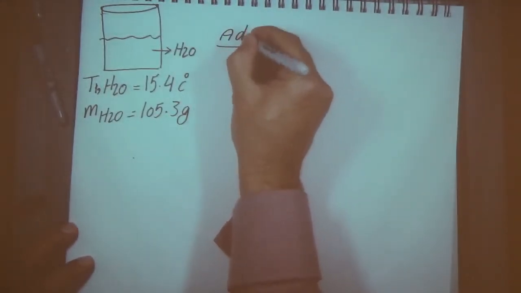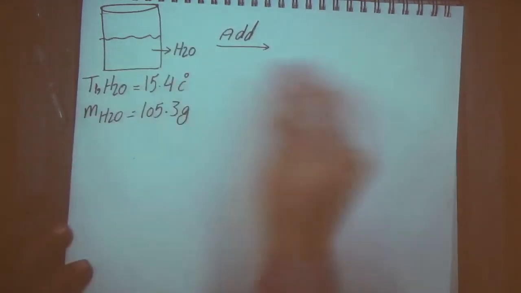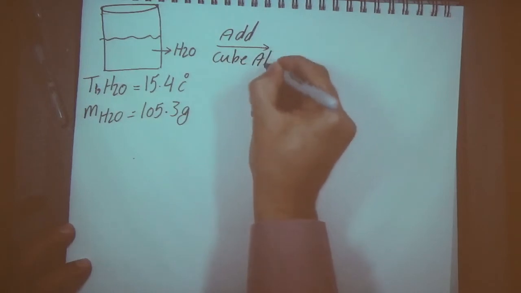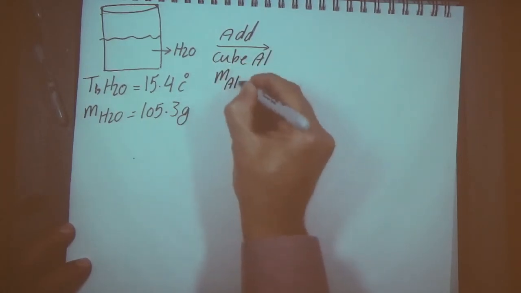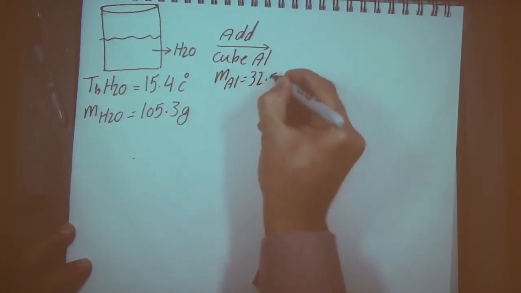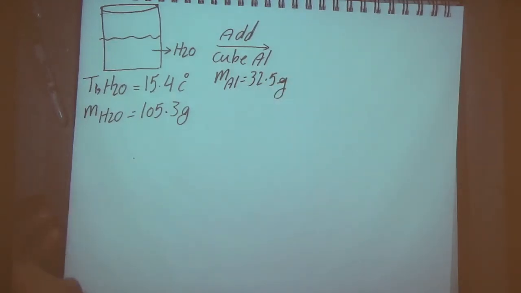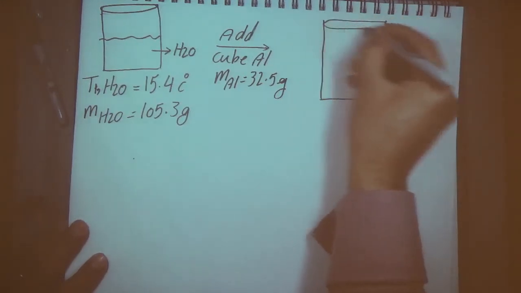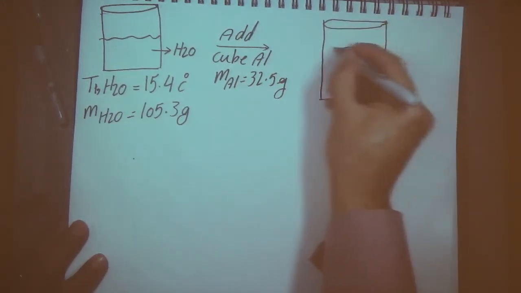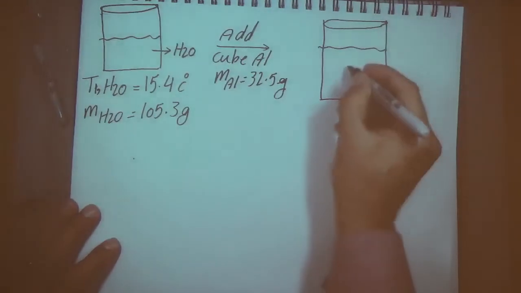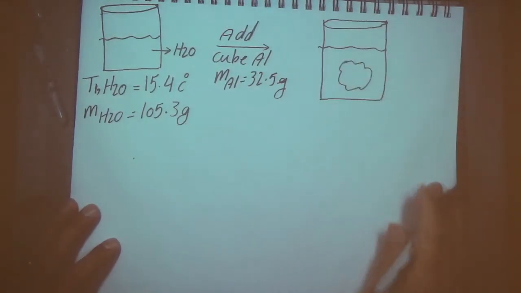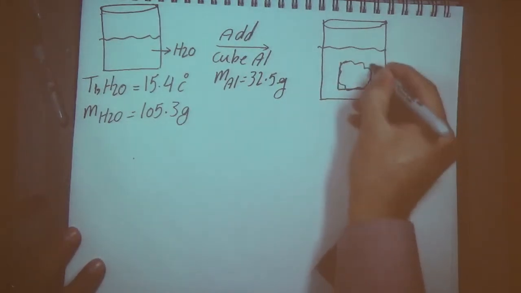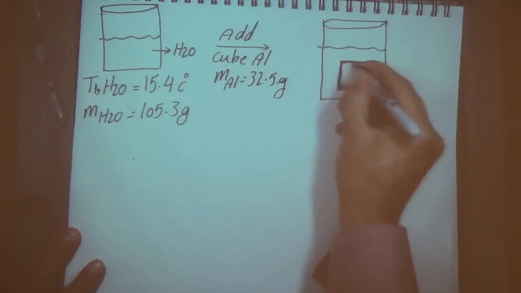I'm going to add or drop a cube of aluminum, and the mass for it is 32.5 grams. So now we have a beaker, and we have the cube.